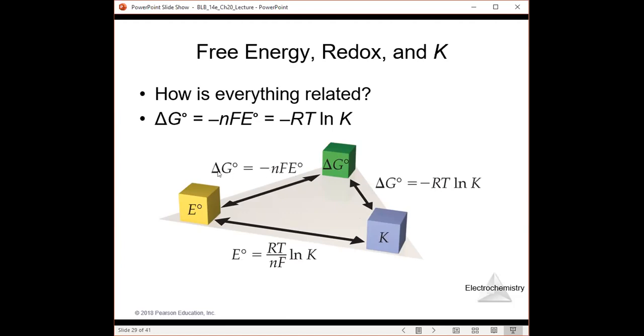You guys know what G is, all of this stuff. All of this is related. Free energy, redox, K. Everything that we've been talking about, even from last semester, goes back to this one diagram right here. This is how all of it relates. I know you guys are going to like, Dr. Jones, you have lost your mind.